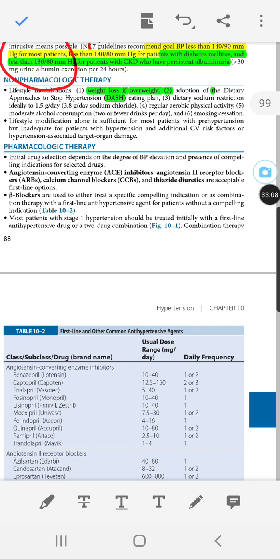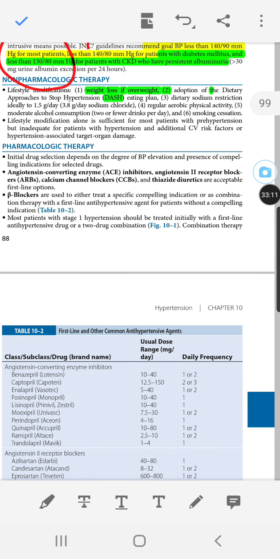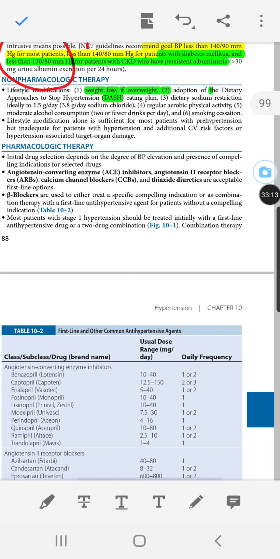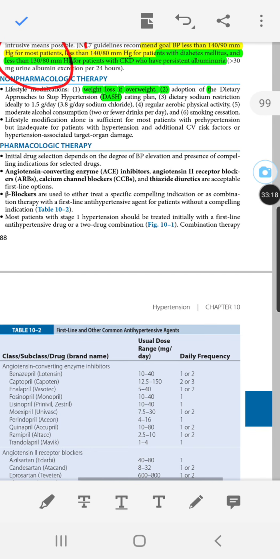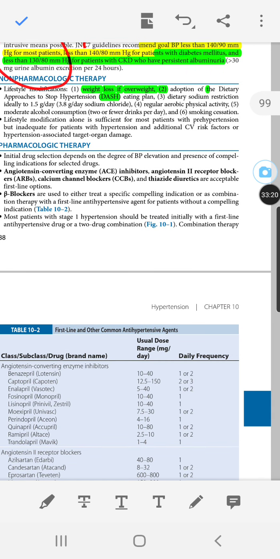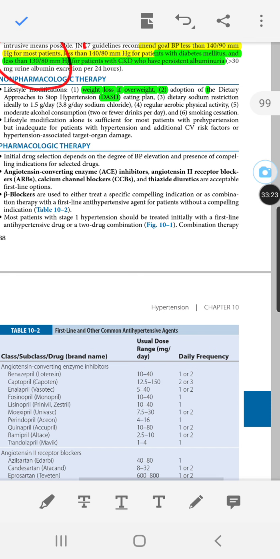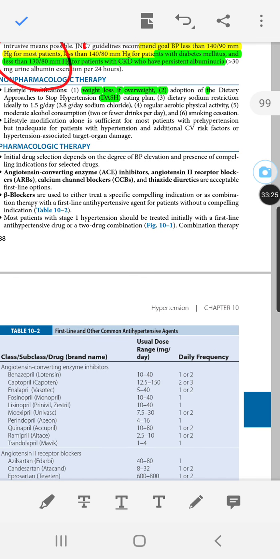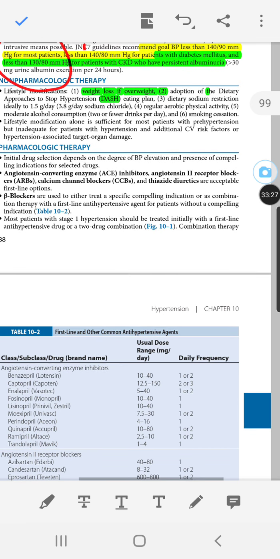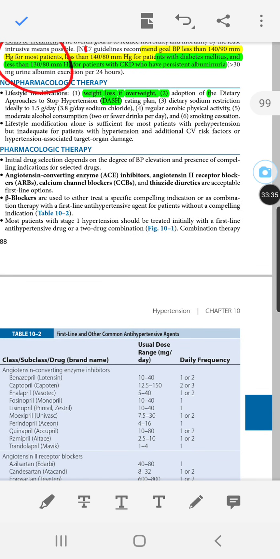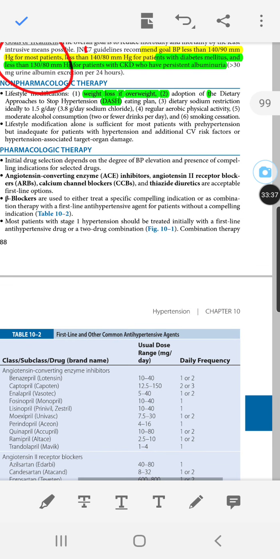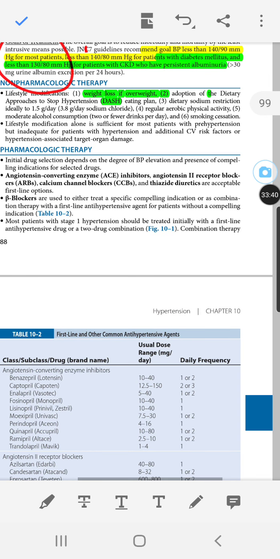So you have to take sodium in the whole day approximately 1.5 gram. If you are using NaCl, sodium chloride, it is 3.8 gram per day, for a sodium restriction of 1.5 gram. And regular aerobic physical activity, so you should take some aerobic physical activity, moderate alcohol consumption, 2 or fewer drinks per day, and smoking cessation.